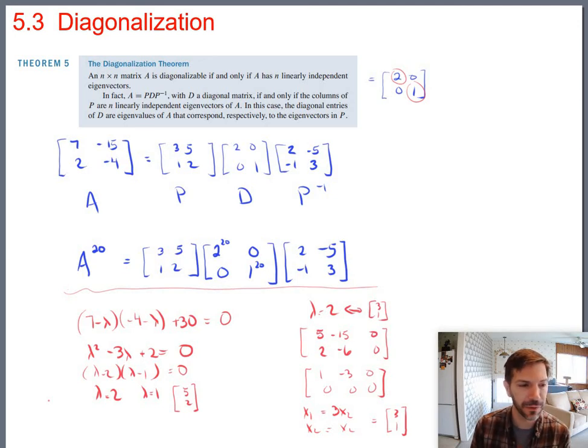I'm not really going to prove Theorem 5. The book does a nice proof of it.